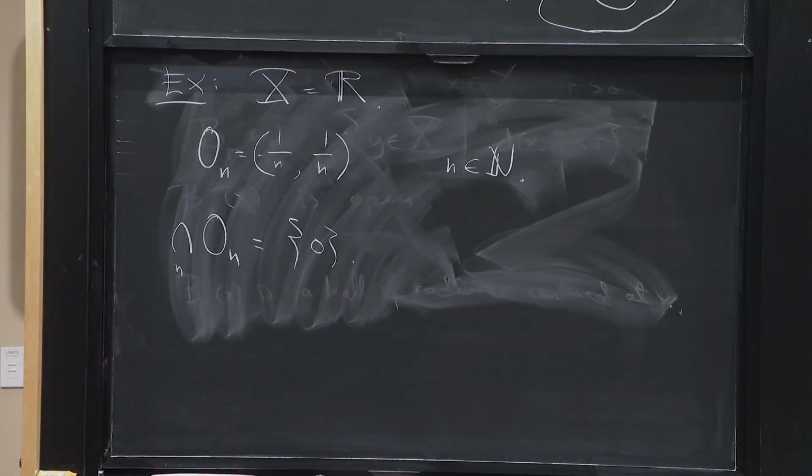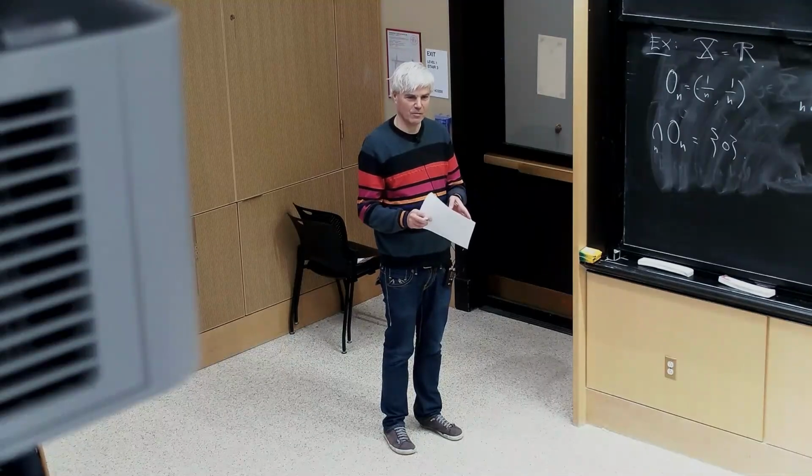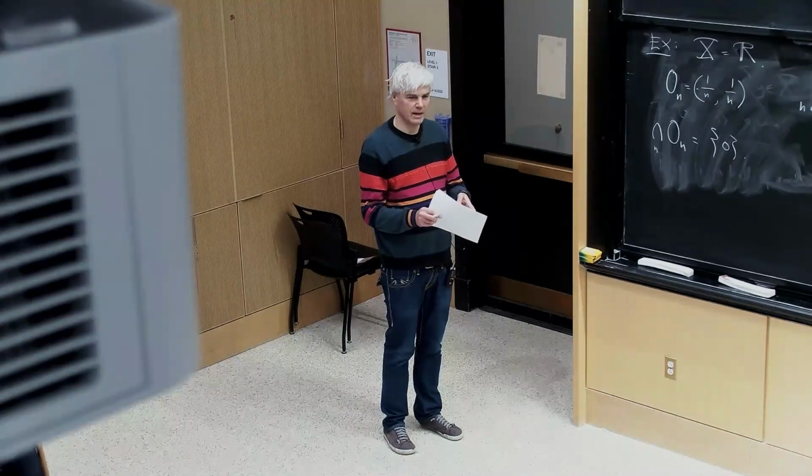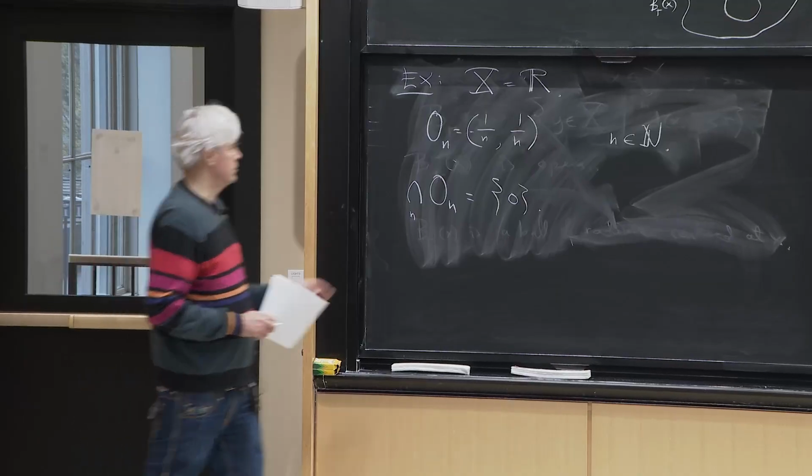And of course, {0} is not an open subset, because if it was open, it would contain a whole ball, and a ball on the line is a little open interval that doesn't include the two endpoints.